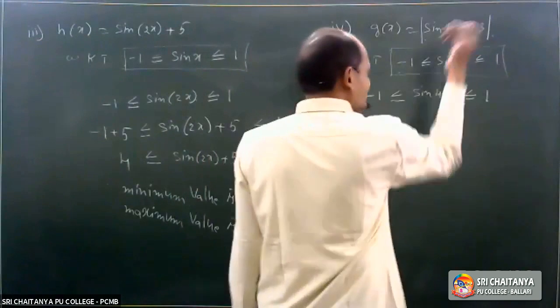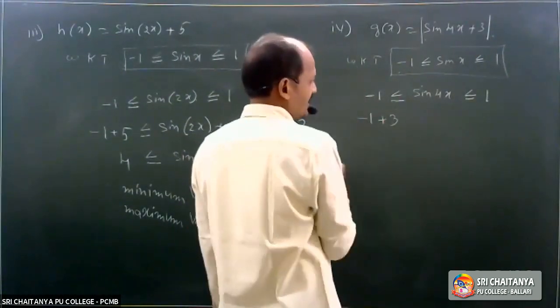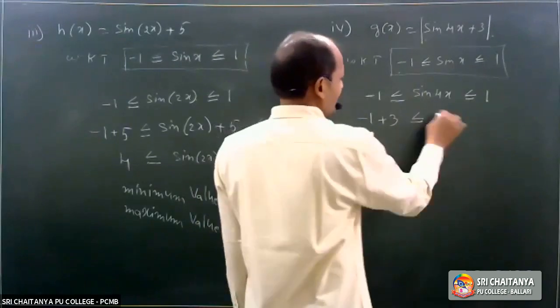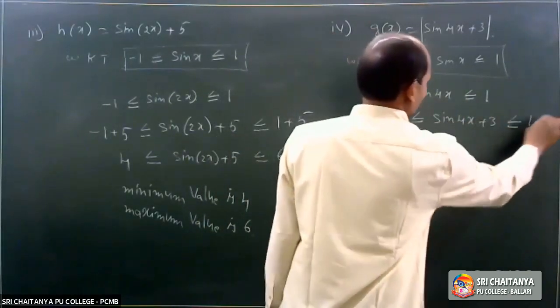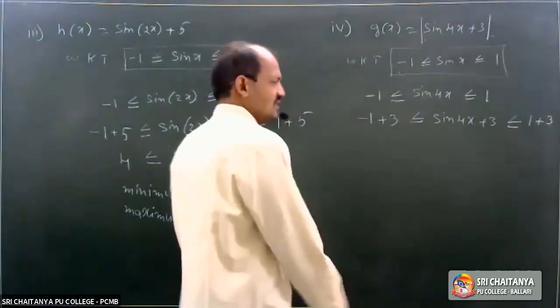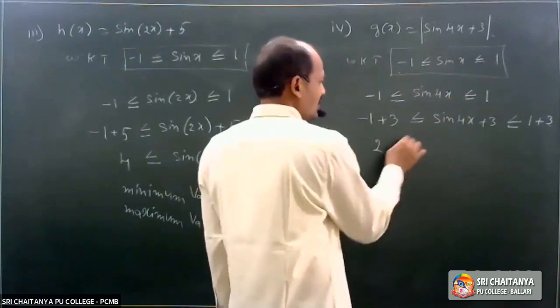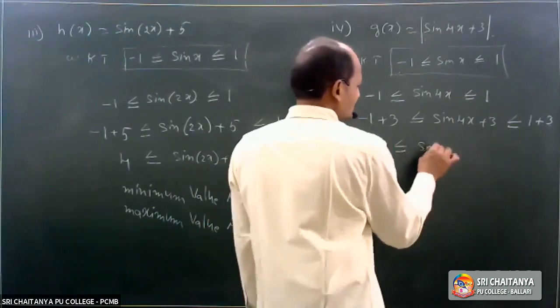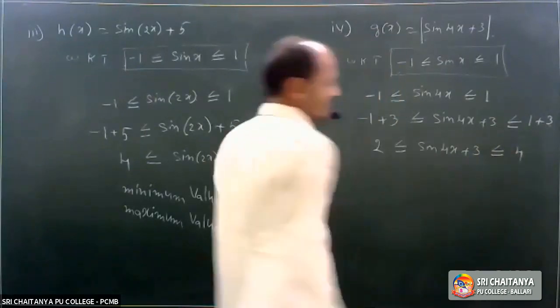Here, given plus 3 also. Minus 1 plus 3 is less than or equal to sine 4x plus 3, which is less than or equal to 1 plus 3. Minus 1 plus 3 is 2. So 2 is less than or equal to sine 4x plus 3, which is less than or equal to 4.